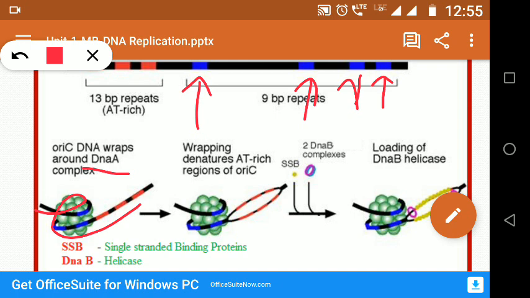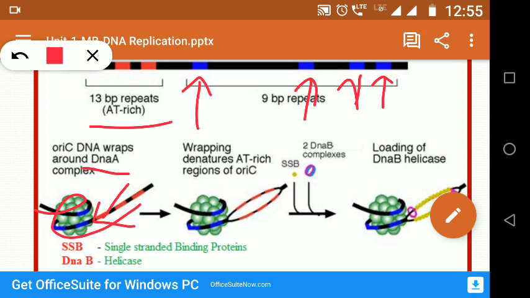Because of this wrapping, the AT-rich region will be at the junction, very close to the wraparound.